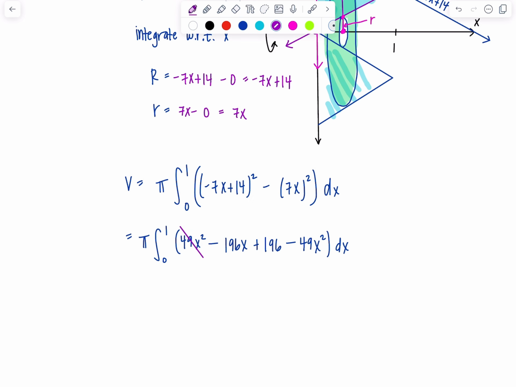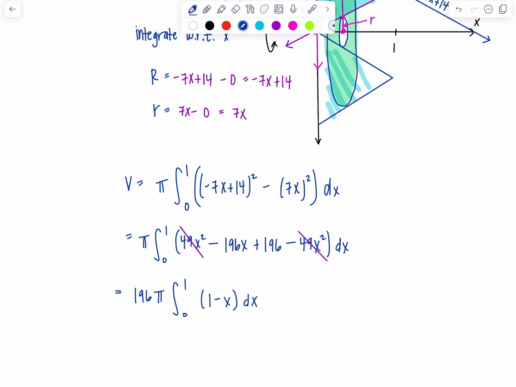Ooh, these cancel. Great. And then look, why don't we just factor out 196? Look, look, look. It'll make life so nice. Take 196 out, 0 to 1. Then I have negative x plus 1. I'm just going to write that as 1 minus x dx.